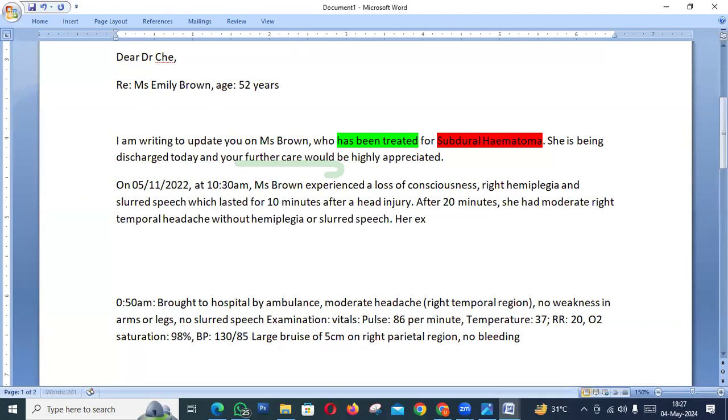Then examination. Her examination was unremarkable. Even blood pressure is not too high, 130/85. Instead of examination, her vitals were unremarkable. Then you cannot add examination here.